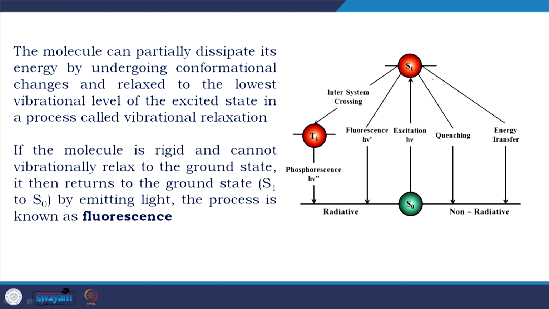If the molecule is rigid and cannot vibrationally relax to the ground state, it then returns to the ground state, S1 to S0, by emitting light. This process is called fluorescence, which we are going to study in this module.